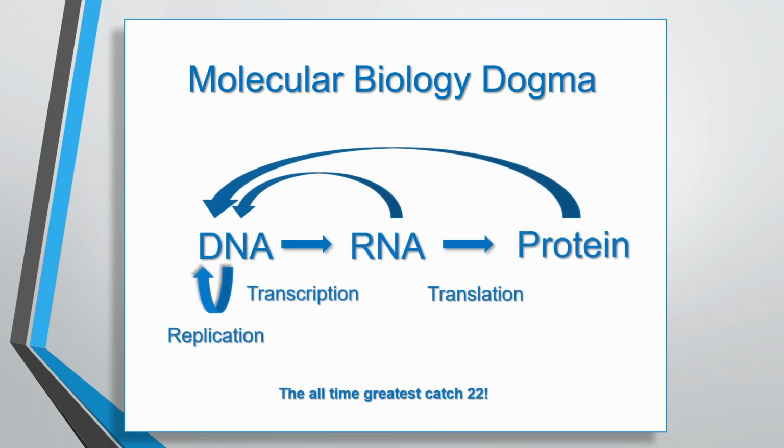So now let me come back to the complete version here. In this, we see that the process of transcription creates RNA from DNA, and the process of translation creates proteins from RNA. And the process of replication creates more DNA from existing DNA.